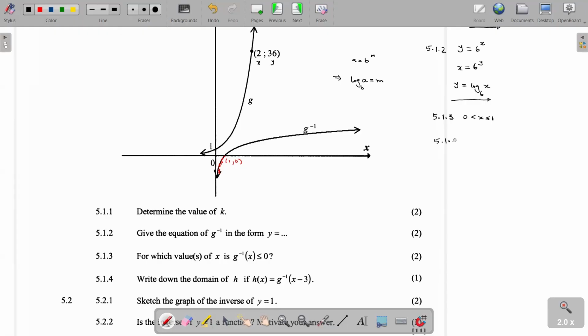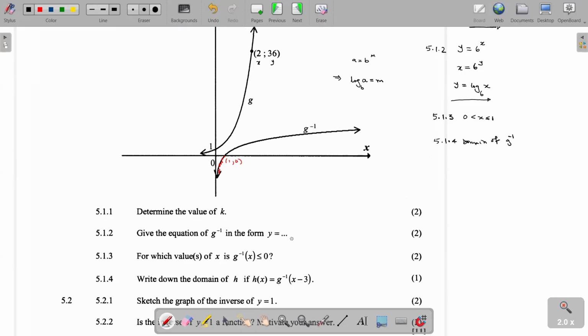If h is this, first we are going to deal with the inverse. What is the domain of the inverse? So we can start from the domain of the inverse.